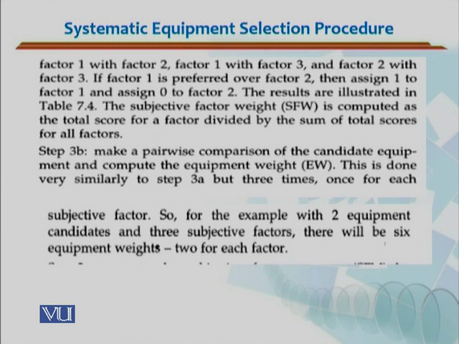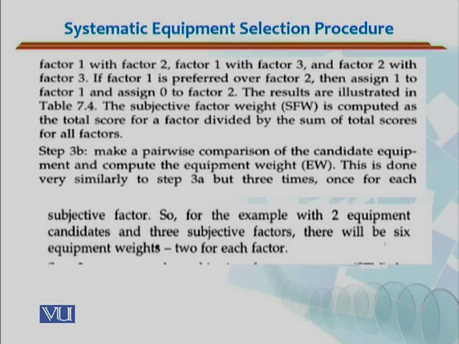Then the subjective factor weight, SFW, is computed, and the total score for each factor is found by dividing by the sum of total scores for all factors. Now, after finding the subjective factor weight, we go to step 3B, the second sub-step of step 3.